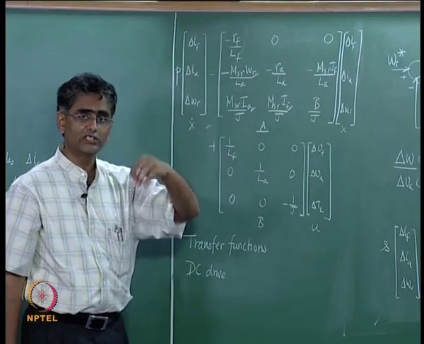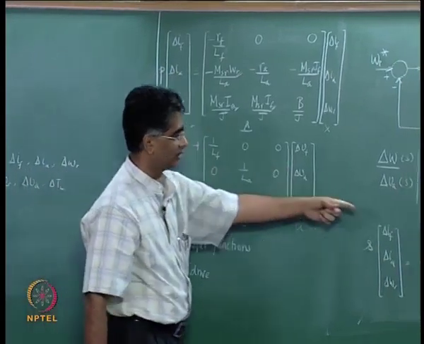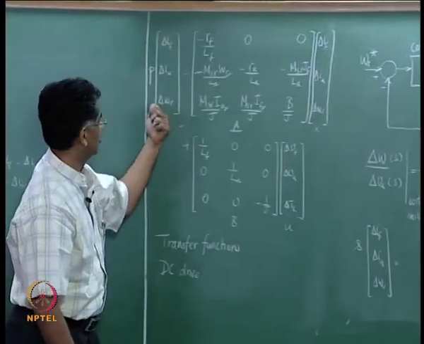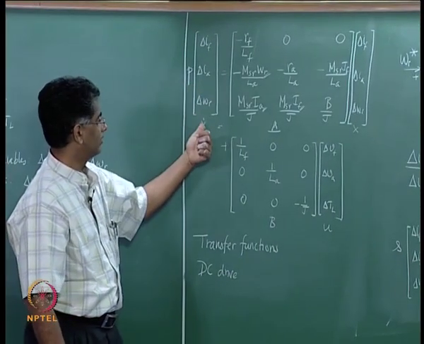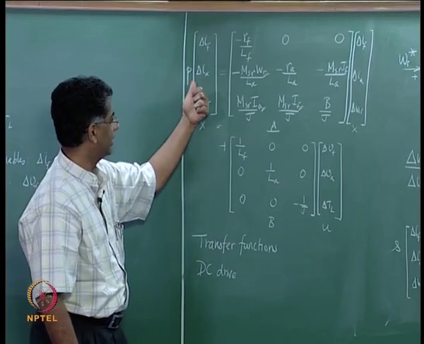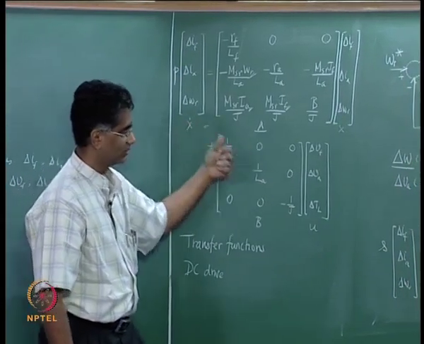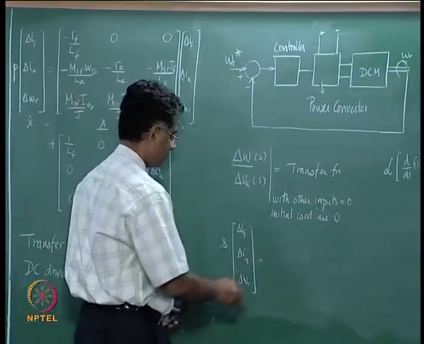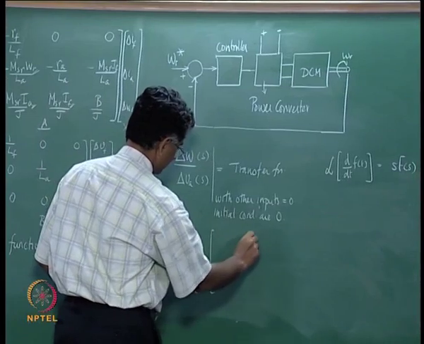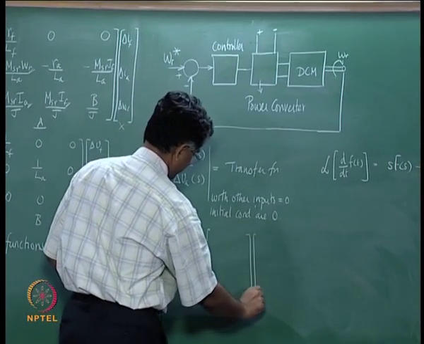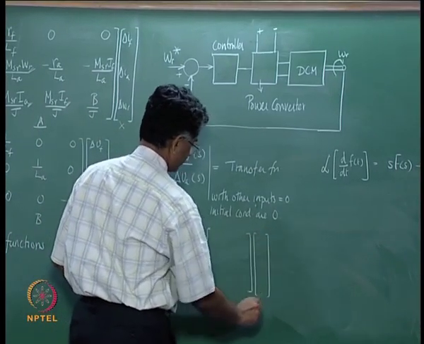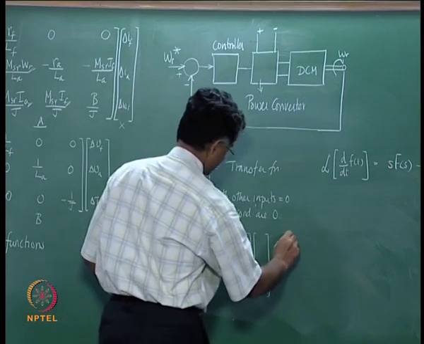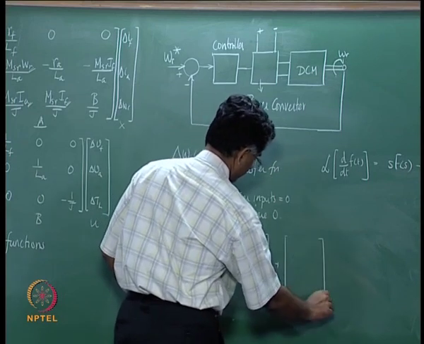Delta IF, which is the change in the field current, is what is 0, and therefore when you do the Laplace transform of d by dt of the vector, it is not necessary to have delta IF at 0. So this is nothing but your matrix A multiplied by the state vector, with delta omega r here, and then multiplied by the input vector.